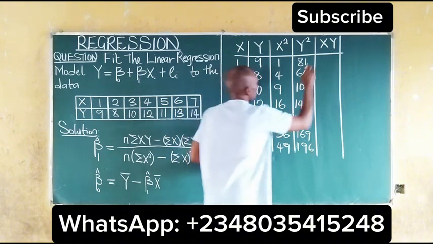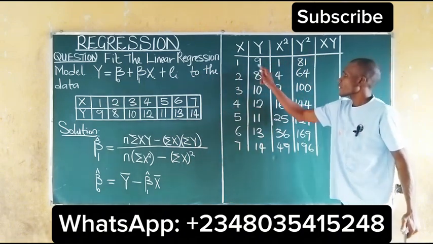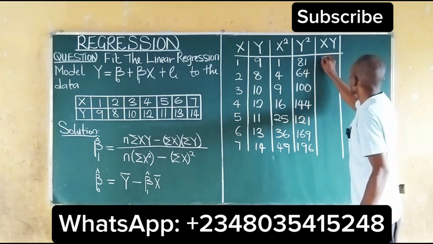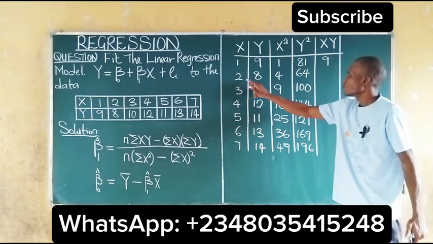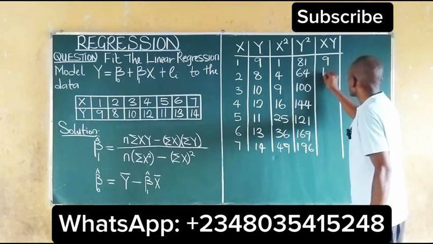Now we have xy, which is 1 times 9 is 9. 2 times 8 is 16.